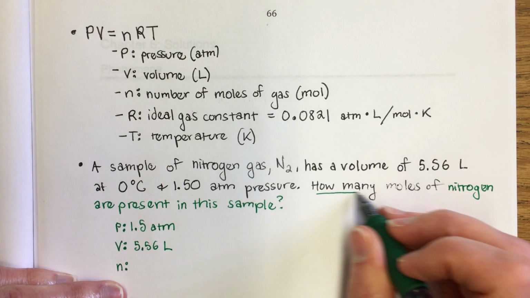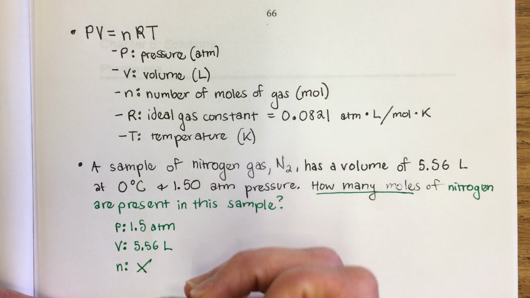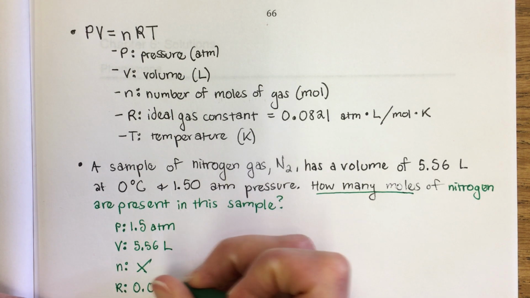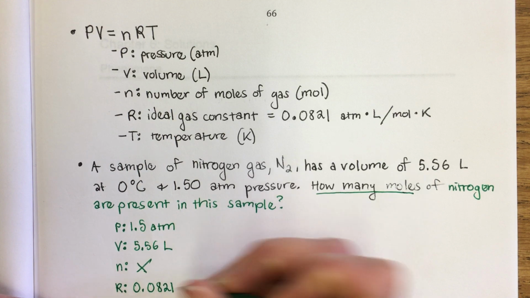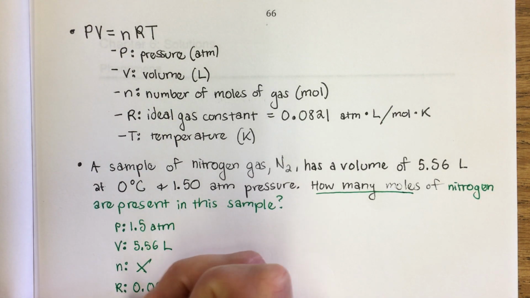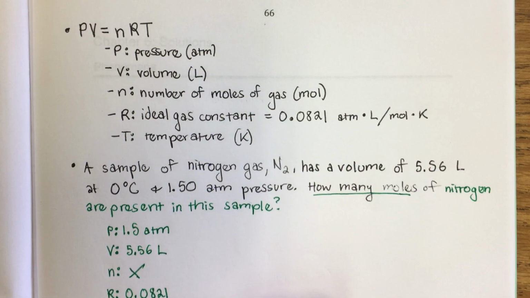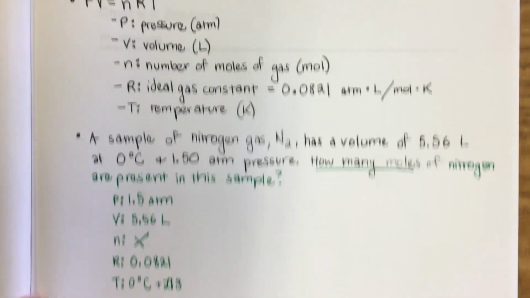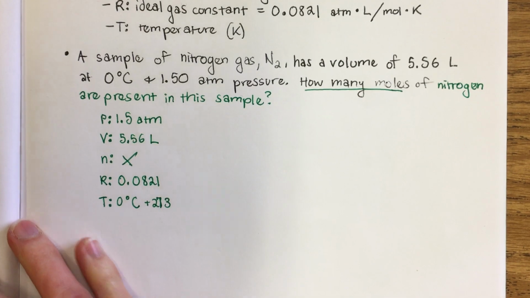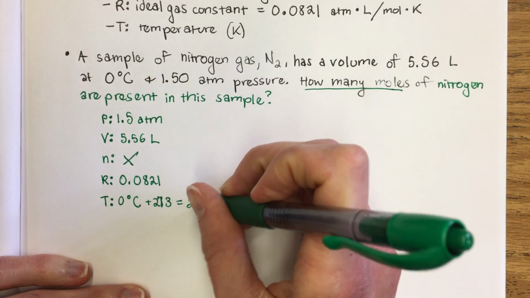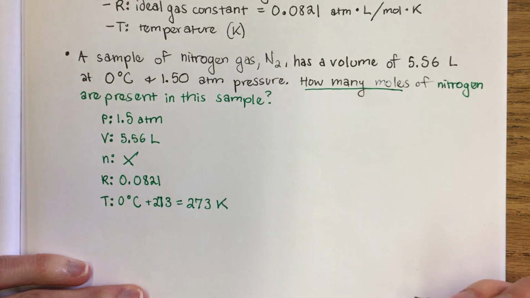We're looking for moles of nitrogen, so that's going to be our x. So this is another algebra thing. R, we already know, is 0.0821. And then our temperature is 0 degrees Celsius, but we need to convert that to Kelvin, so we need to add 273. Sorry, guys. So our temperature is going to be 273 Kelvin.